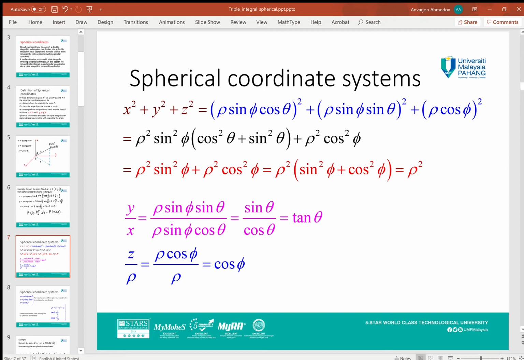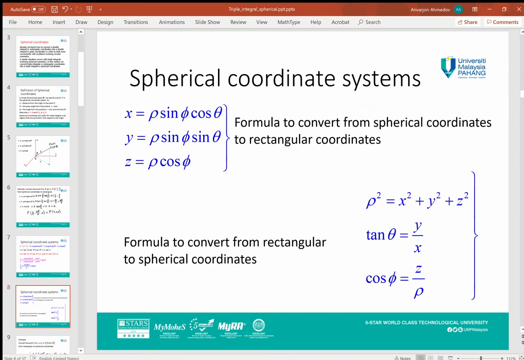So we get the first formula which connects x, y, z with rho. Another one: if we divide y by x, the rho sine phi factors cancel, and we get tangent theta equals y over x. If we divide z by rho, rho cancels, and we get cosine phi. By such simple calculations, we arrive at the following formulas. In the first line you can see the formulas obtained from the representation of the point in spherical coordinates.